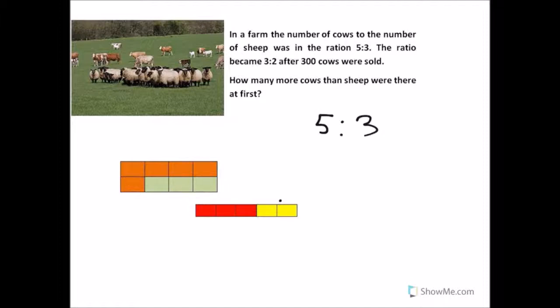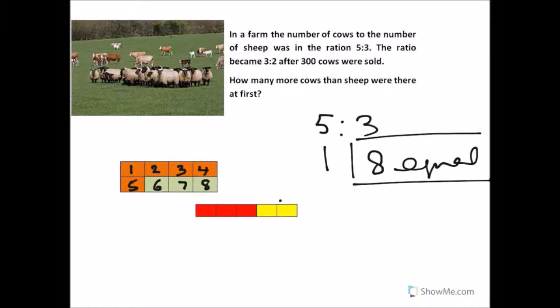That means there are a total of 8 equal parts, they all have to be equal. 3 parts belong to the sheep and the other 5 parts belong to the cows. So that's the meaning of 5:3.